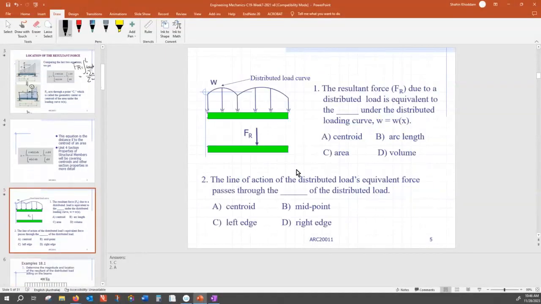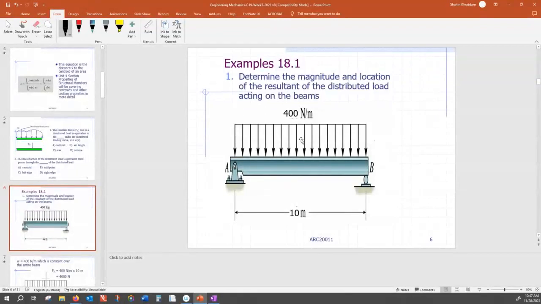All right, so those quizzes we did during the class. In this case, the resultant force is the area, and the line of action is the centroid. So here, let's find the resultant and its line of action. That's a very simple case. The steps are, first, you need to find the resultant force.